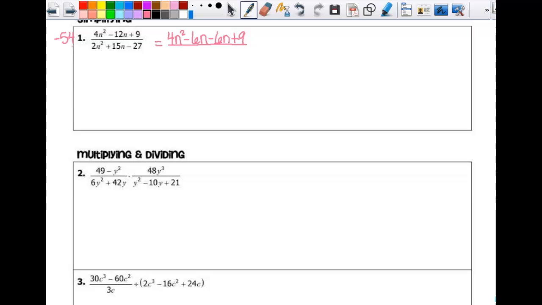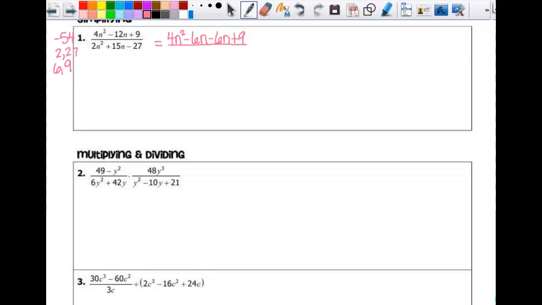You know for sure that two numbers that multiply to give you 54 are 2 and 27 because you literally just did it. However, those don't subtract to give you 15. You should know, if you know your multiplication facts, that 9 times 6 is 54. So 6 and 9 work as well, but those add to give you 15, but they don't subtract to give you 15. So those don't work.